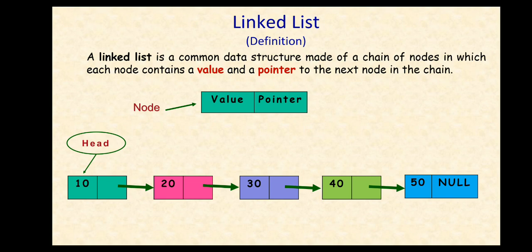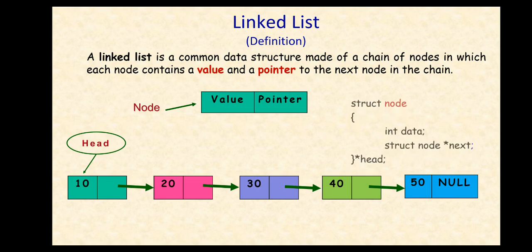At the end, the last node holds null as the address part, because there are no further nodes, so the last node itself is the end of the list. The end node of the list is represented with a null pointer.